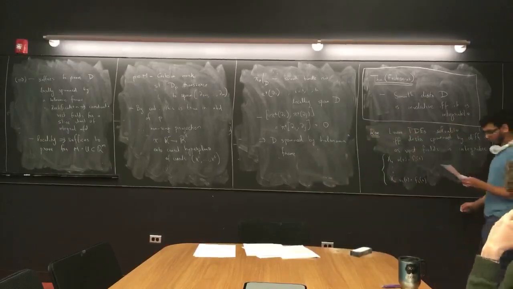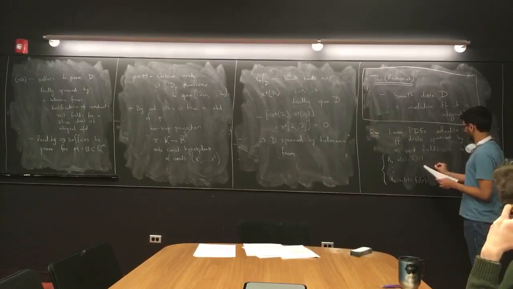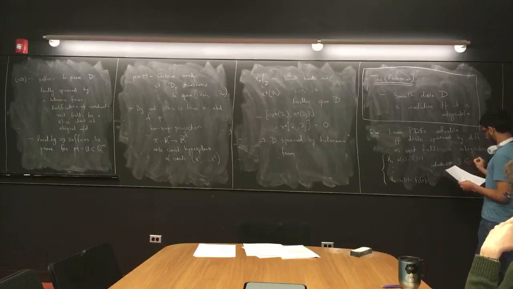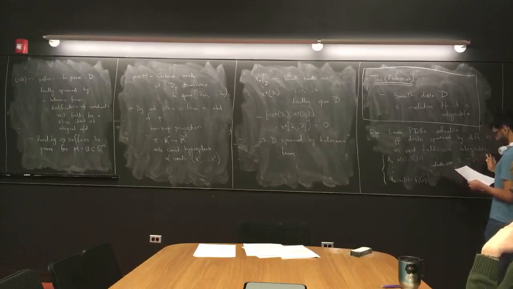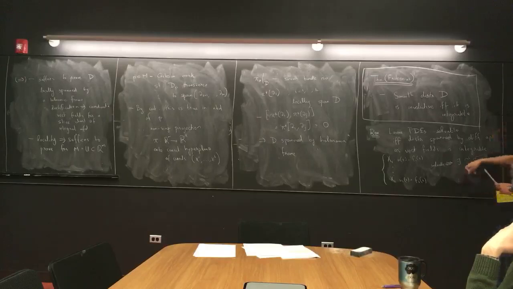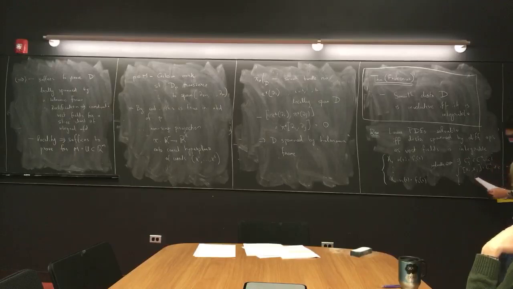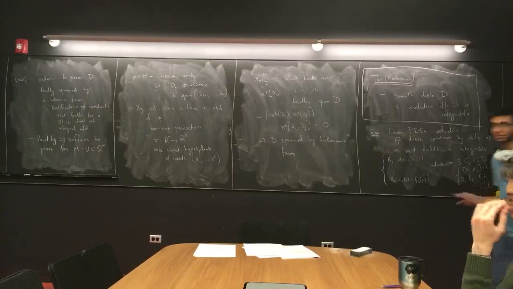So this system of linear equations is solvable if and only if there exist coefficients c^k_ij such that the commutator of X_i with X_j is c^k_ij times X_k, and similarly X_i acting on f_j minus X_j acting on f_i is c^k_ij f_k, with summation convention.